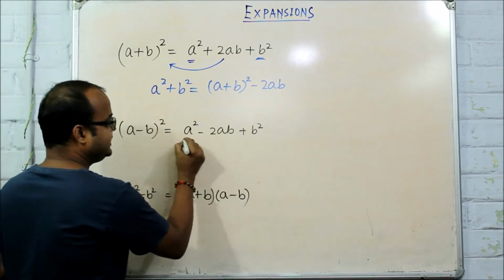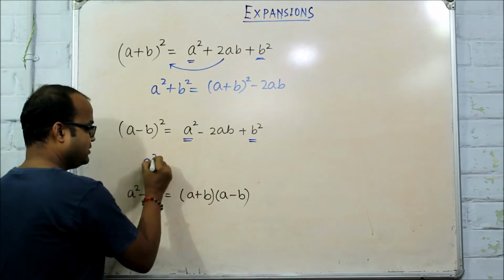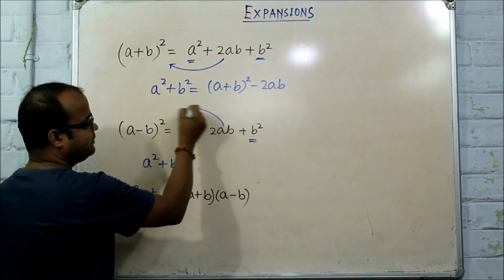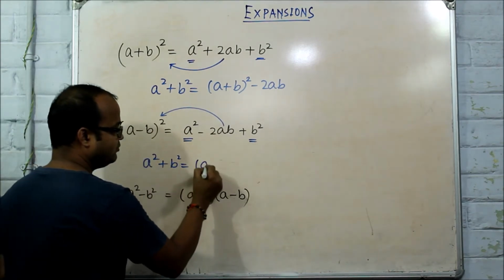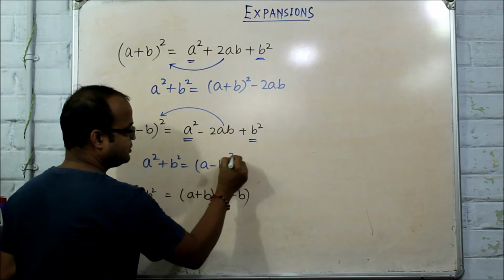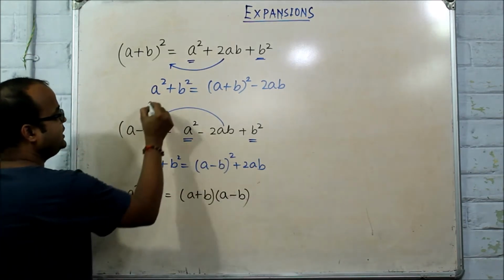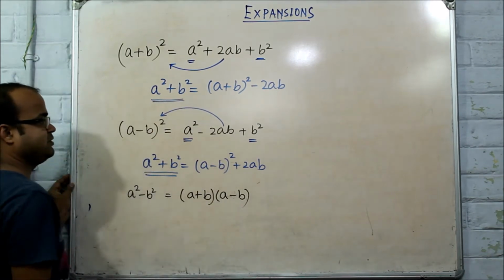Same way, if I keep a square plus b square on one side, so a square plus b square is equal to, now take this minus 2ab on the other side, so we get plus 2ab, so the formula will be (a minus b) square plus 2ab. Now if you see, we have two formulas for a square plus b square.